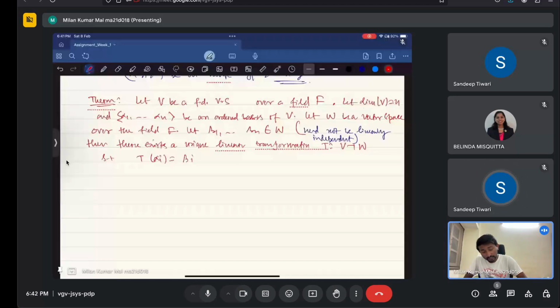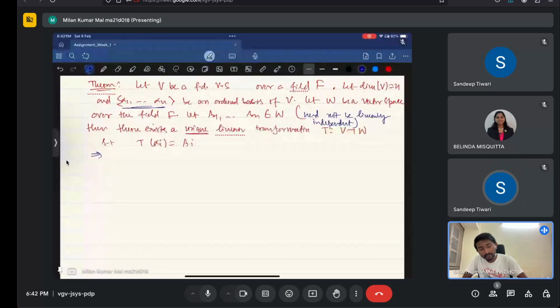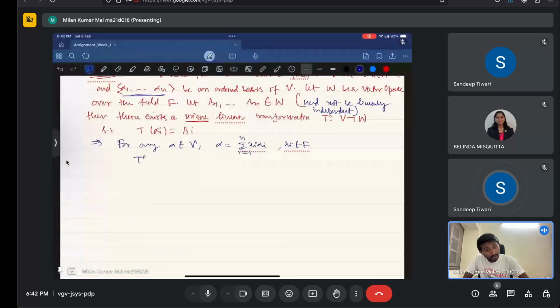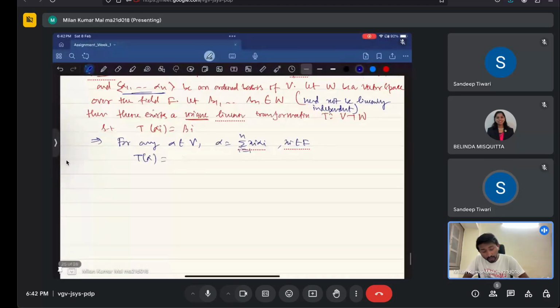How is it given in general? We know that if we consider an ordered basis of a vector space V, then any alpha in V can be written as the summation of x i alpha i, i from 1 to n, where the x i come from the field F. T is a linear transformation, so it respects the linearity properties, and T of alpha i is beta i for all i from 1 to n.